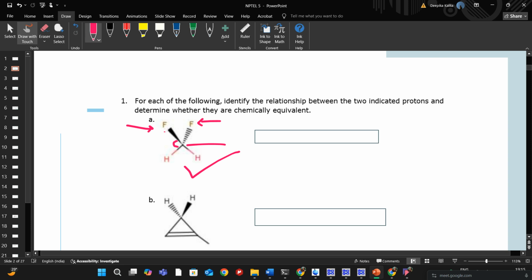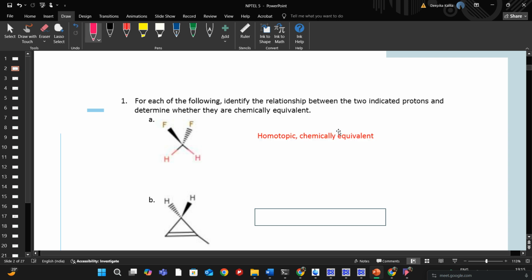Like replacement of each of these fluorines with some other group will give us identical molecules. Hence, in such cases, as we know, such protons will be called homotopic or chemically equivalent. I hope this is clear to you. Let us move to the next molecule where we have to identify the relationship between these two protons.